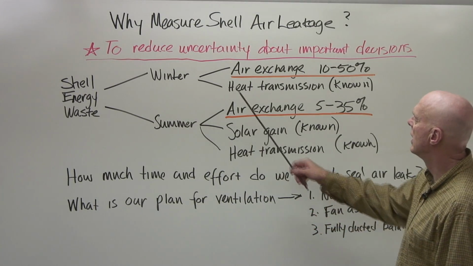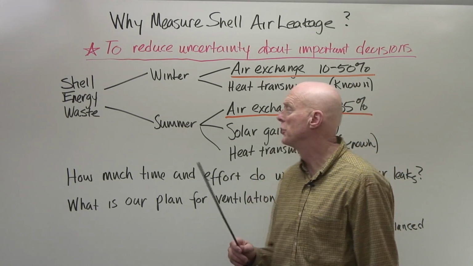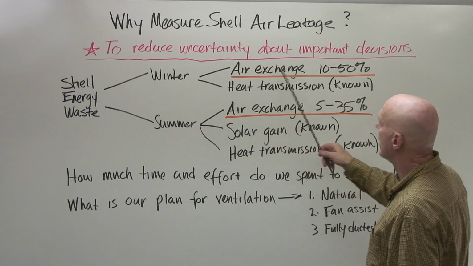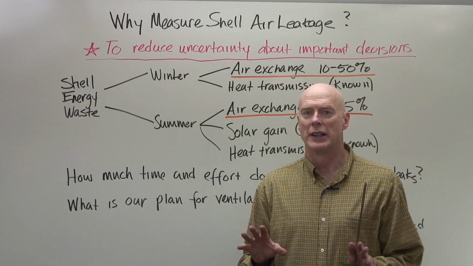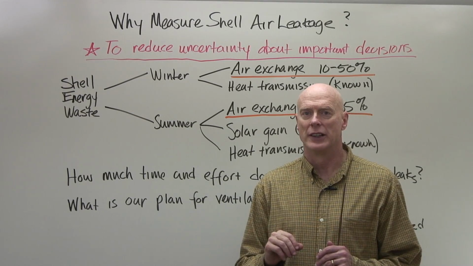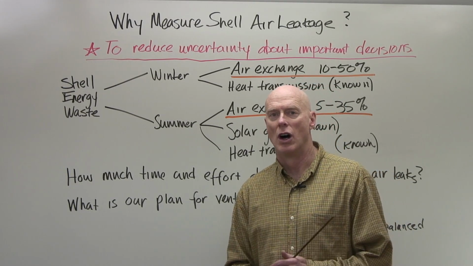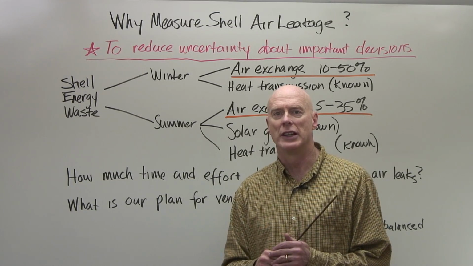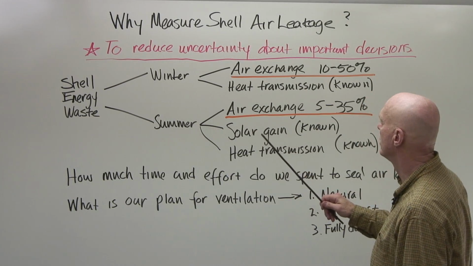The solar gain in the wintertime isn't that much of a factor for most homes, so we neglect it. Now, air exchange means both unintentional air leakage and ventilation. Sometimes those two are mixed up, or they're one and the same, where air leakage is providing ventilation. So I'm calling it air exchange.